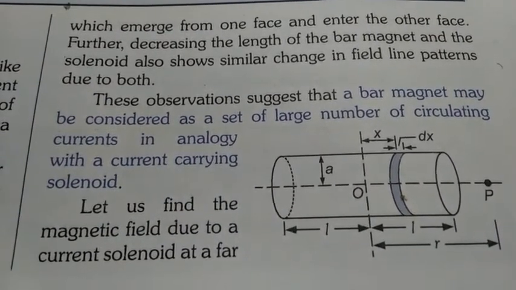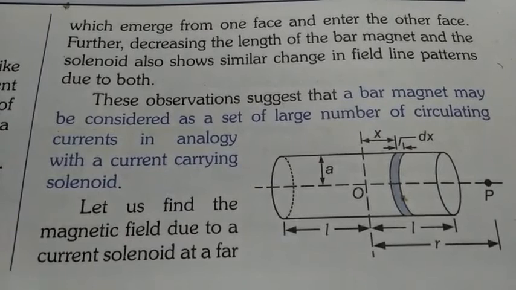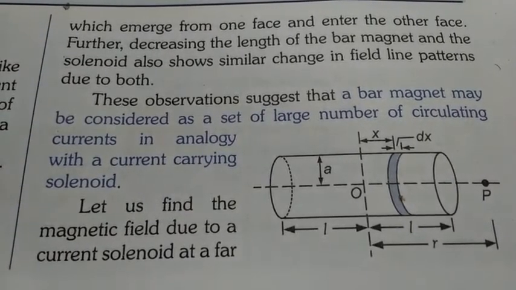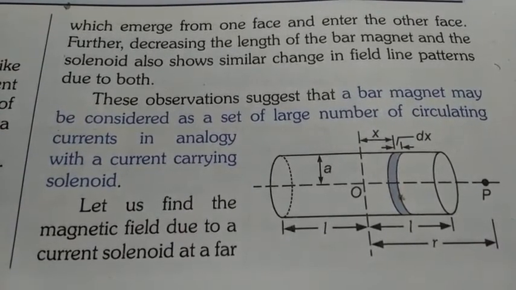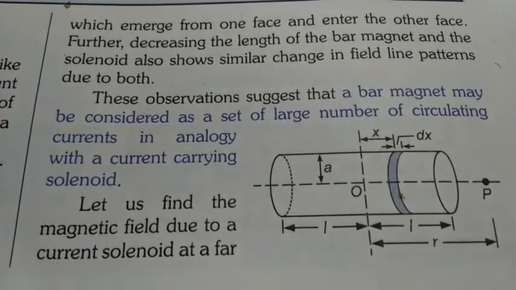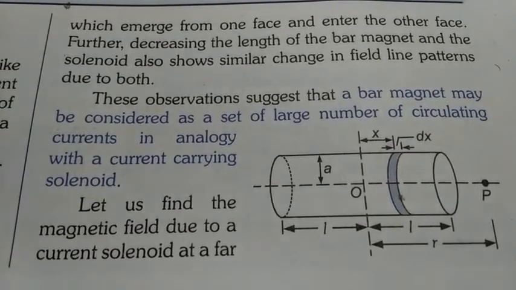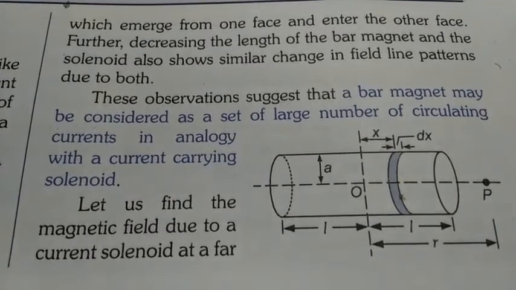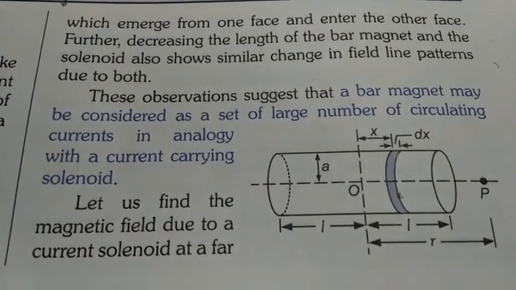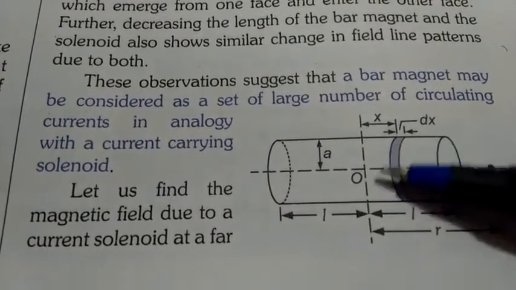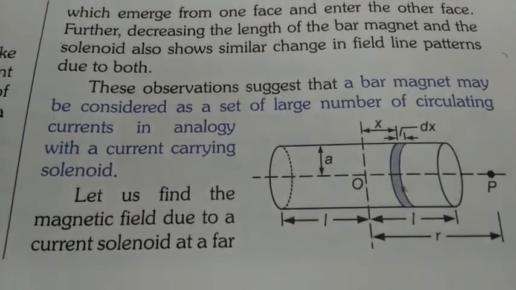Now we try to find the magnetic field due to a current carrying solenoid at a far off point on its axis and compare it with the axial field due to a bar magnet. First we will find the magnetic field due to the solenoid and then compare it with the bar magnet. In the figure, O is the center of the solenoid.